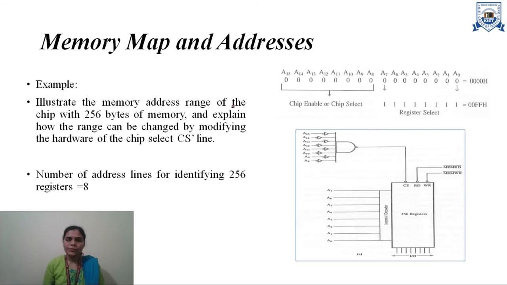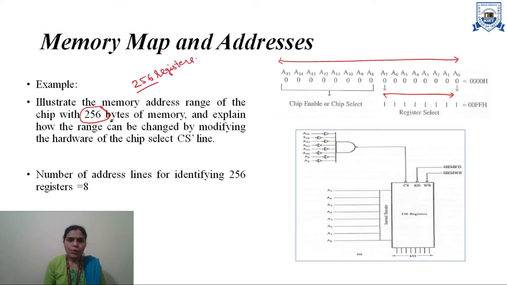Now, what will happen if we are using more address lines but the chip has fewer address lines? For this, we have taken one example. Now we will address 256 registers in a chip. So for 256 registers, we will require 8 address lines.